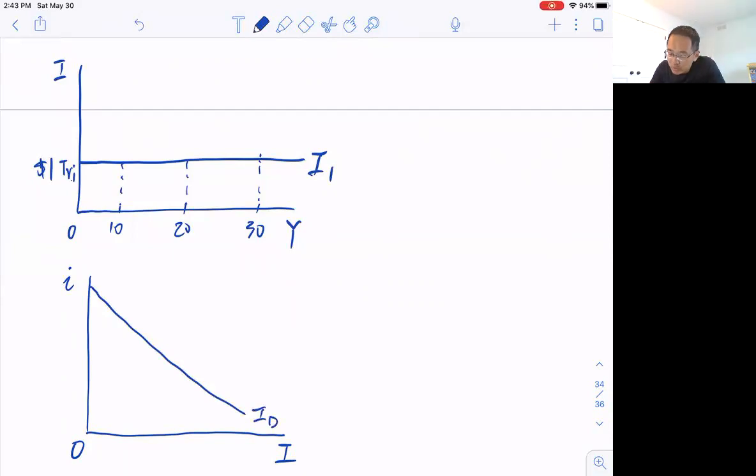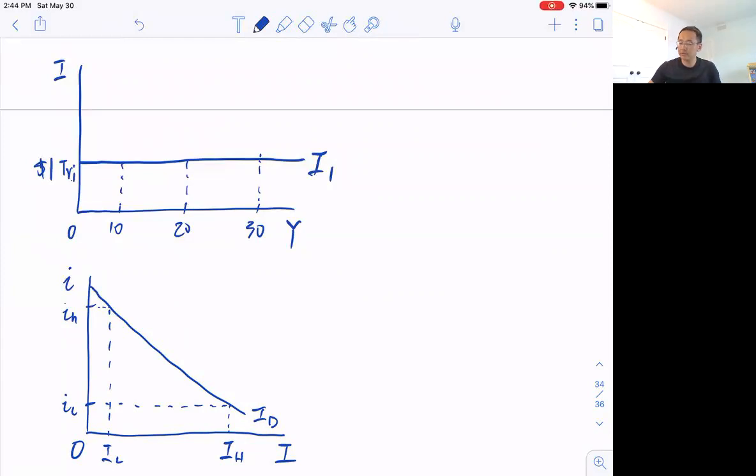It says, when the interest rate is really high, call this IH for high interest, then the investment amount is going to be low, call this IL for low investment. And if the interest rate becomes low, then investment will become high. Right, so that's what this relationship is.